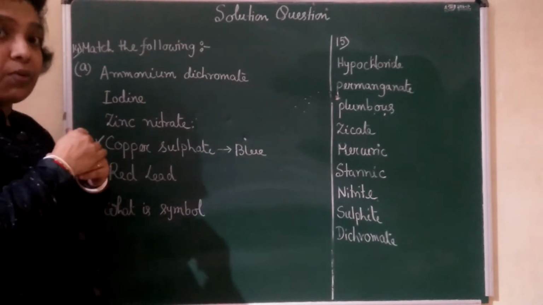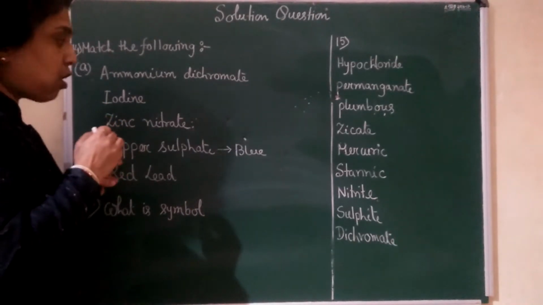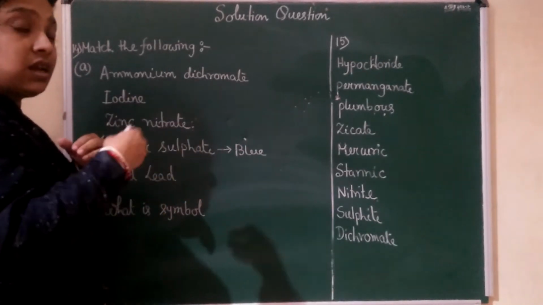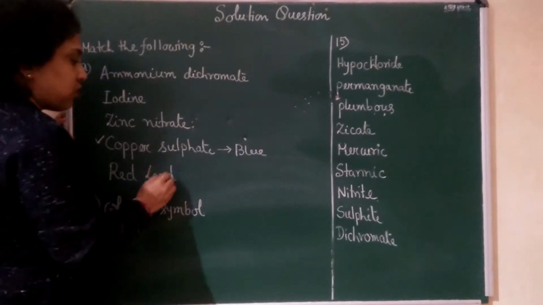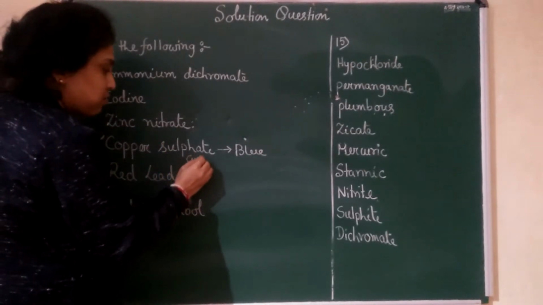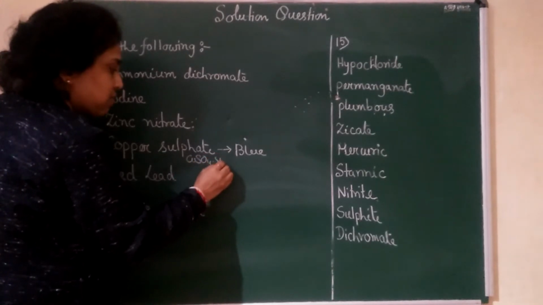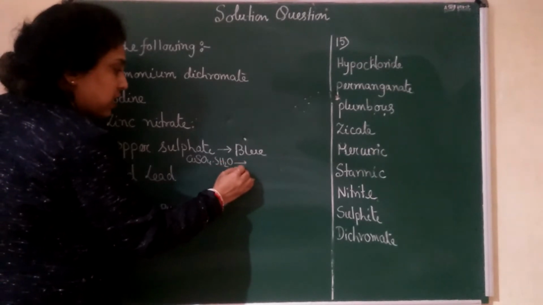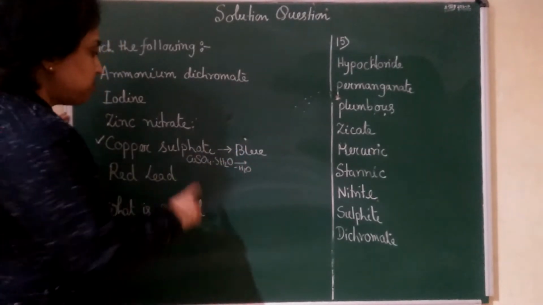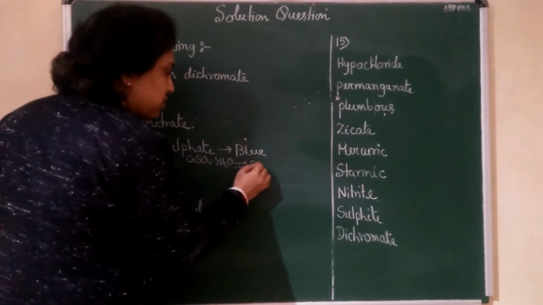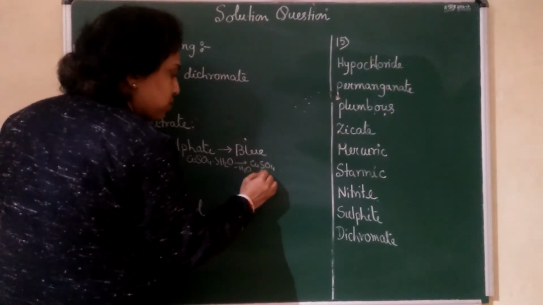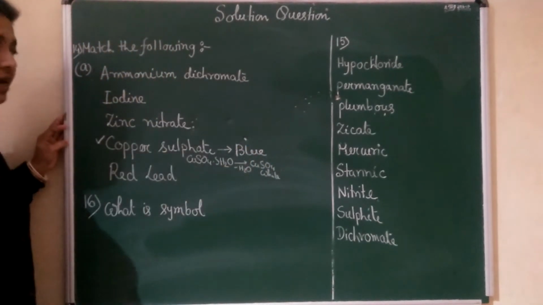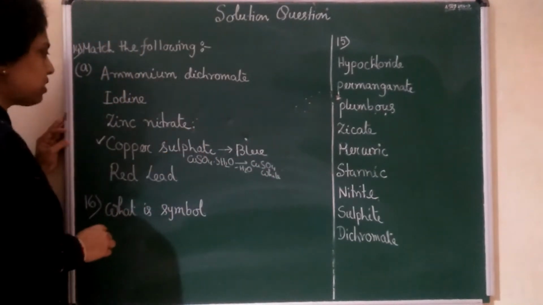Copper sulfate is a hydrated salt, CuSO4.5H2O. When you heat it, the water is eliminated, and the copper sulfate that remains is white in color. So the option is blue to white, for copper sulfate.